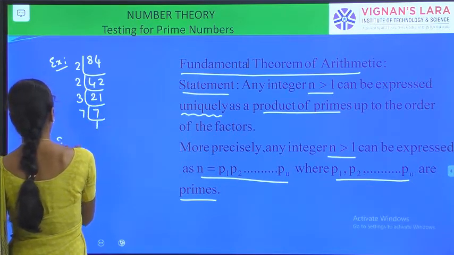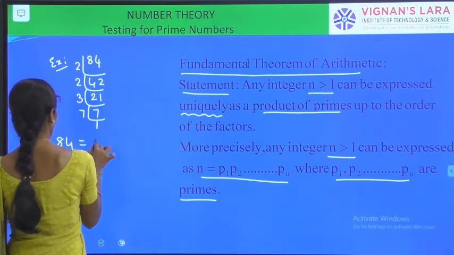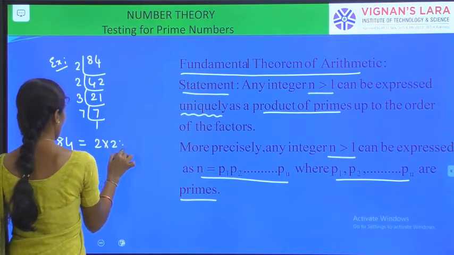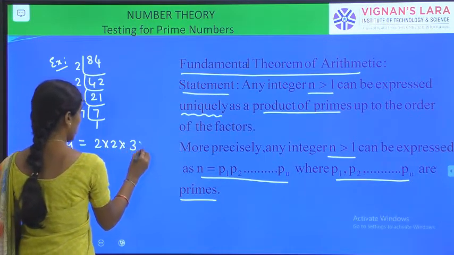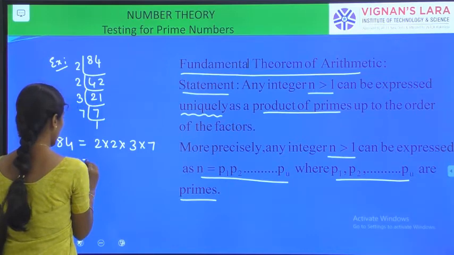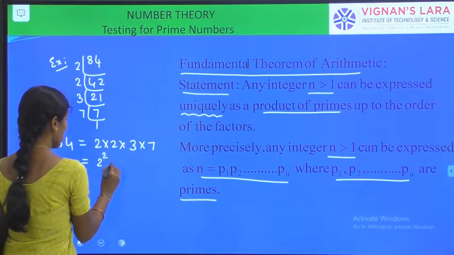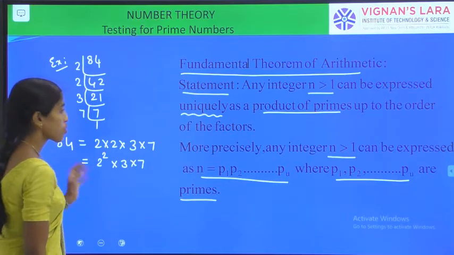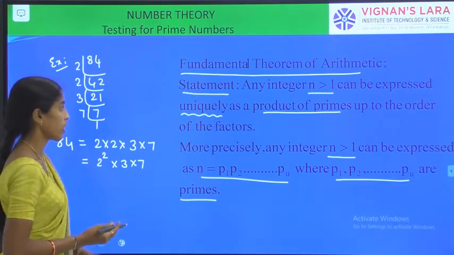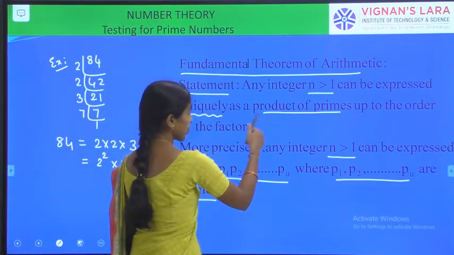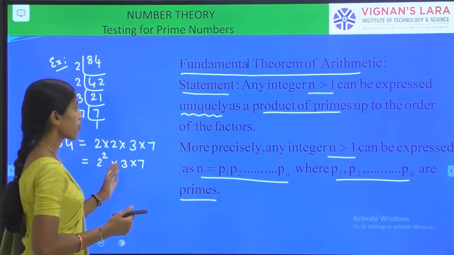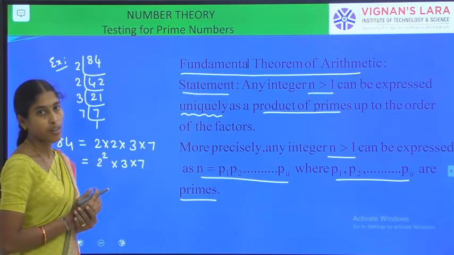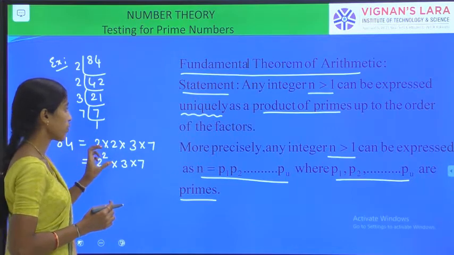So 84 can be written as 2 into 2 into 3 into 7, which is 2 square into 3 into 7. We call this the prime factorization of n. So any integer can be expressed as a product of primes up to the order of the factors. This is the unique way.